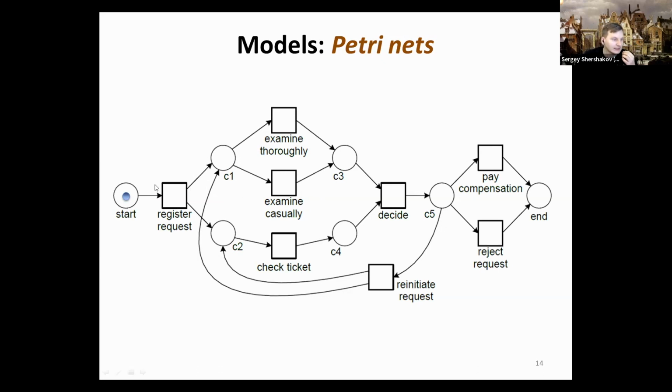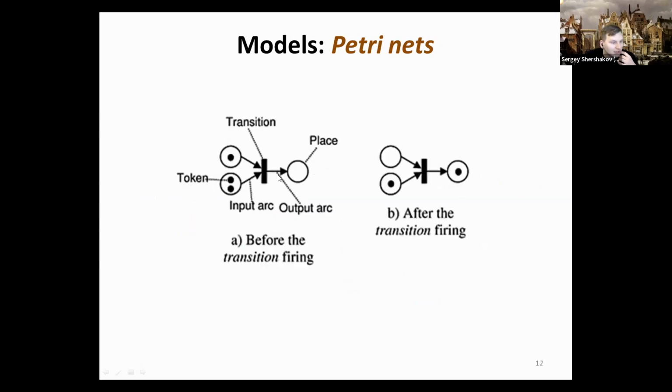Some components of this graph are represented using circles, C1, C2, C3, C4, and others are represented using these rectangles. These rectangles correspond to these black bars. So this is just a slightly different notation for exactly the same idea.